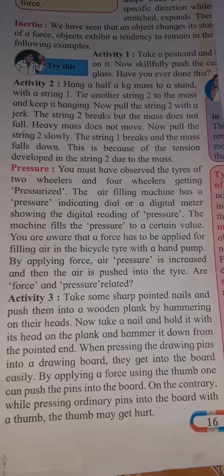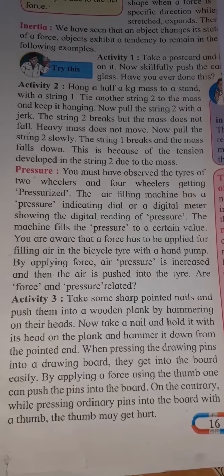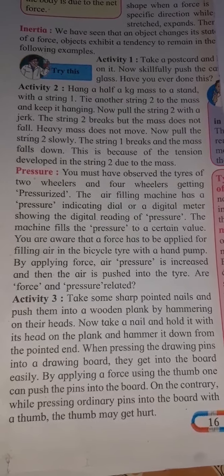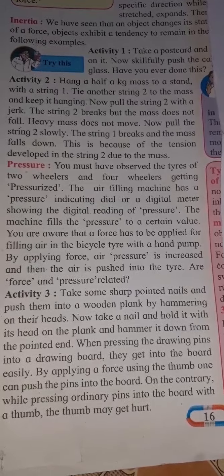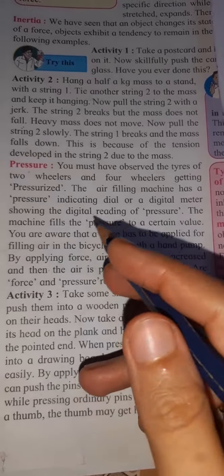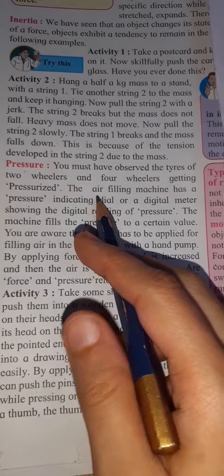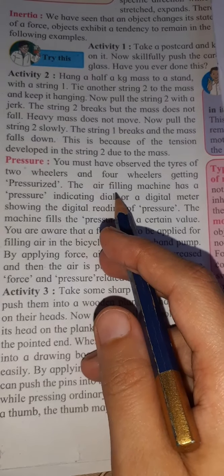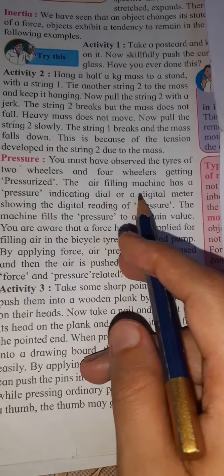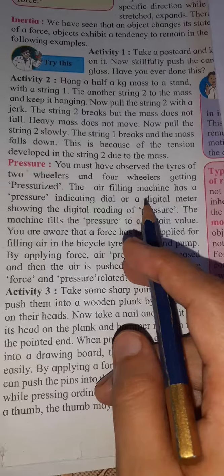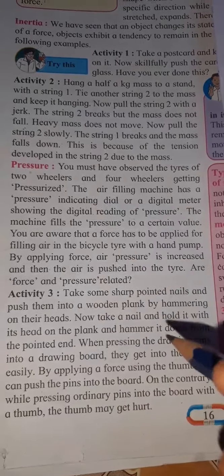Now when the tire of the bicycle needs some air inside, that air is actually exerting pressure. When the air is filled inside the tire, it is done with a machine which can be used by hand, right?